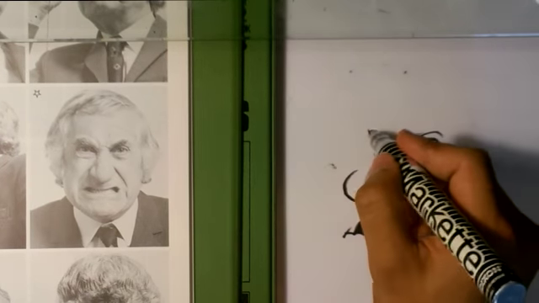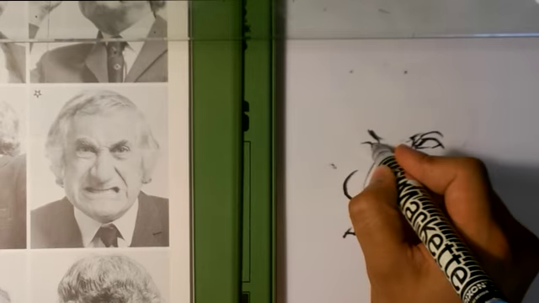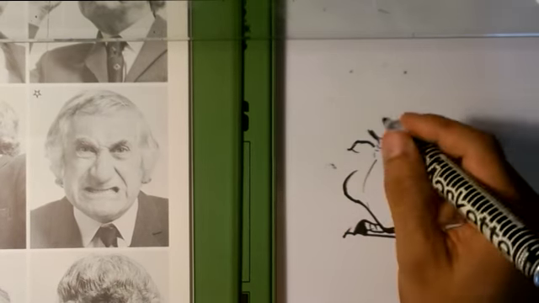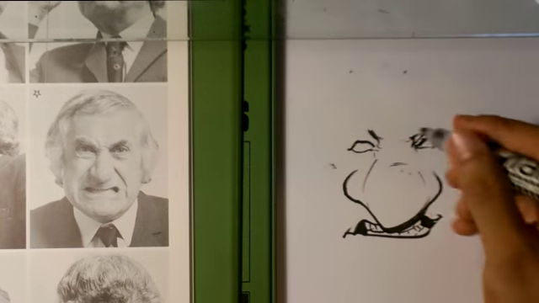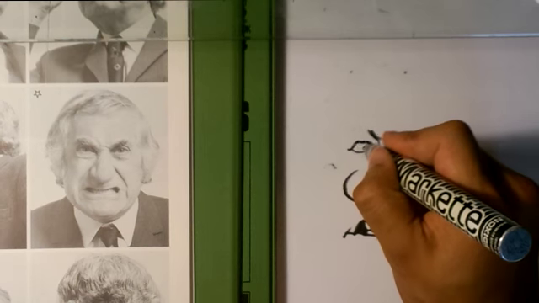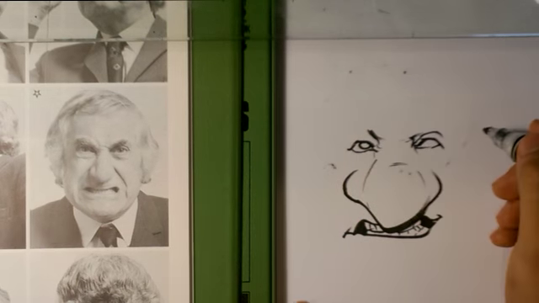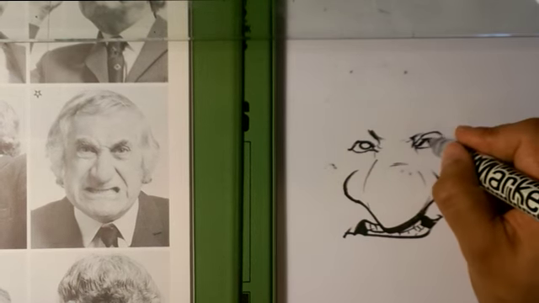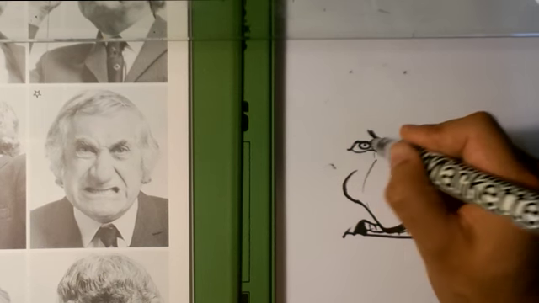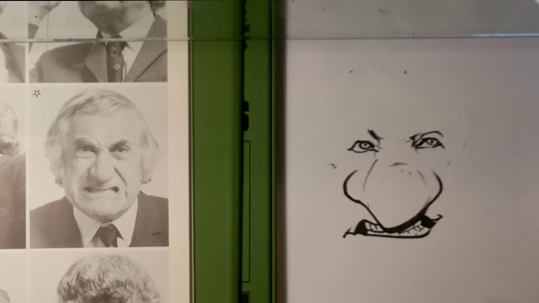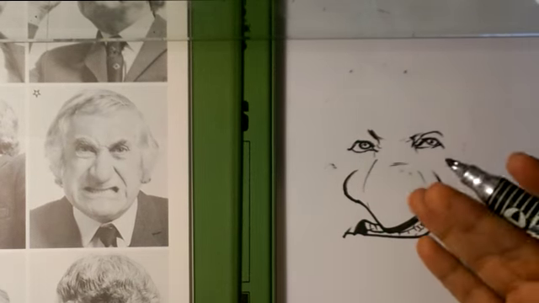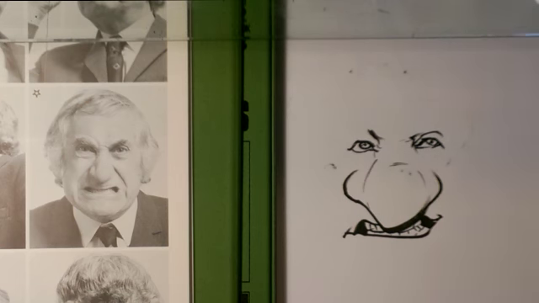So his eyes are going to be pretty dang small. I'm not going to make him looking dead on, because I think dead on looks kind of weird. So he does have blue eyes. I'm going to keep that in mind. I'm having to really get on the tip on this particular drawing because his eyes are so small.